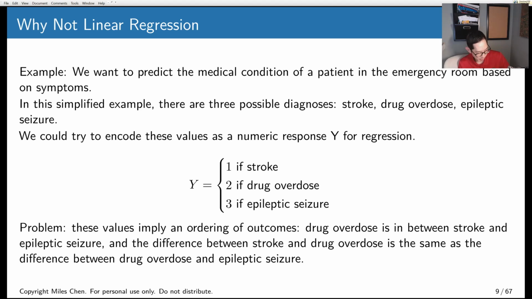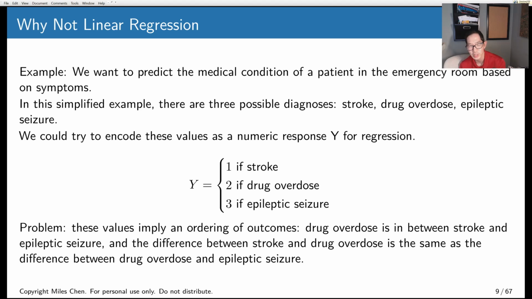But we're also saying the difference between stroke and drug overdose is a difference of 1. 2 minus 1 is 1, the same as the difference between a drug overdose and an epileptic seizure. 3 minus 2 is also 1. And that kind of statement just doesn't make sense.